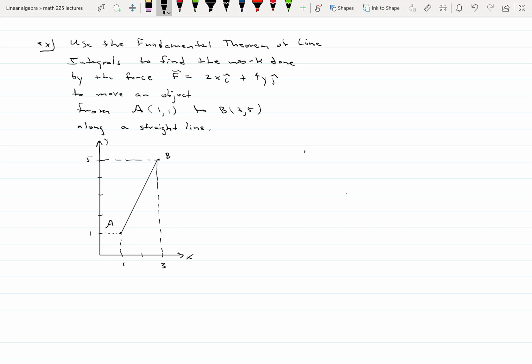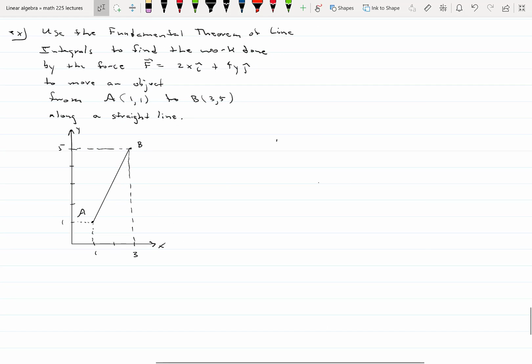Now, what we're looking at is the same force field that we basically started the lecture with. This force field is conservative. I came up with the potential function. We haven't talked about how we get the potential function yet, but I did construct one for you. We kind of are inching our way to how to do it. We basically integrate somehow.